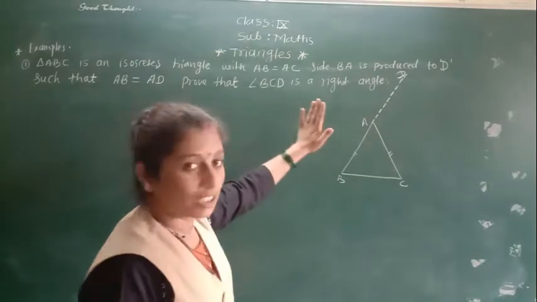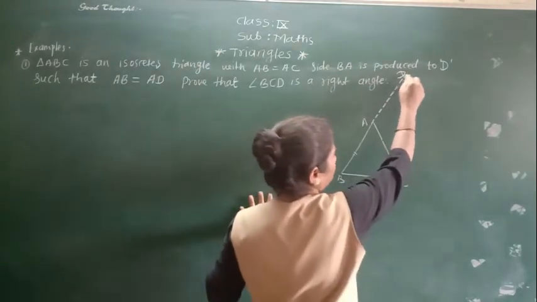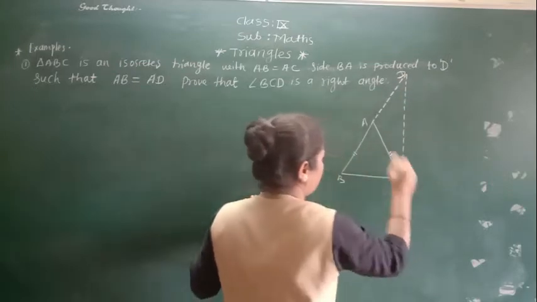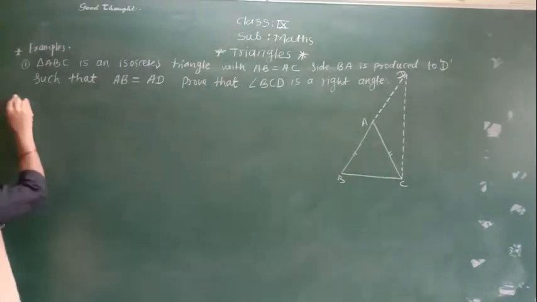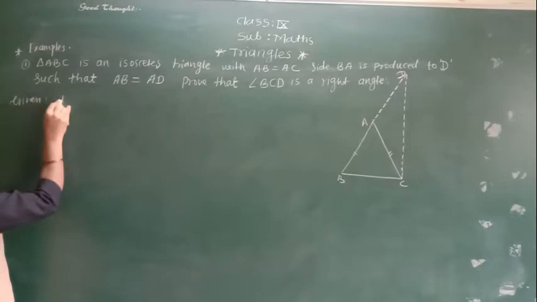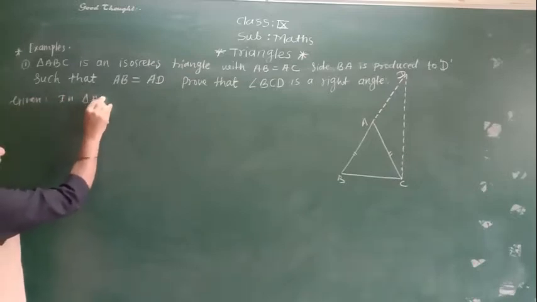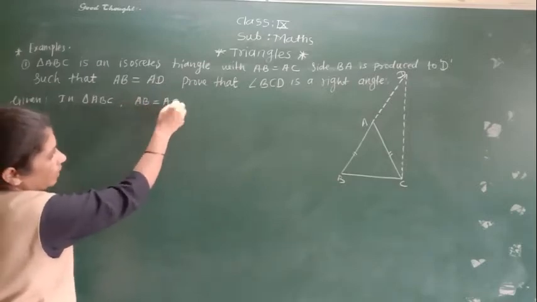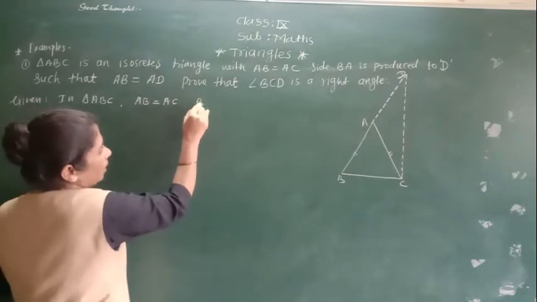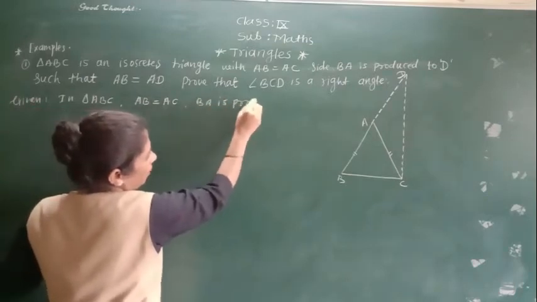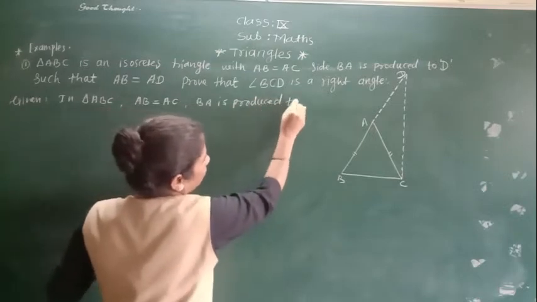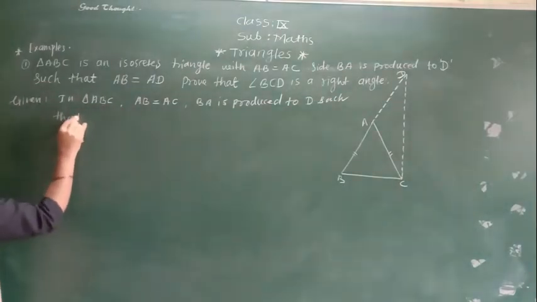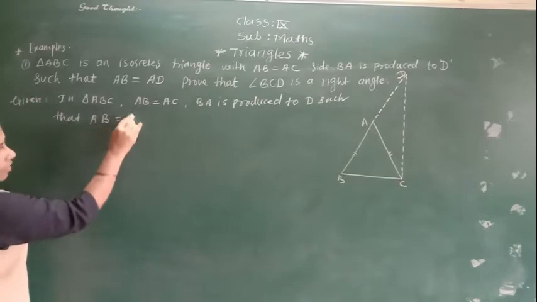Now we have to do one construction. We have to join CD. So what is given in the example? Given in triangle ABC, AB equals AC. Also BA is produced to point D such that AB equals AD.